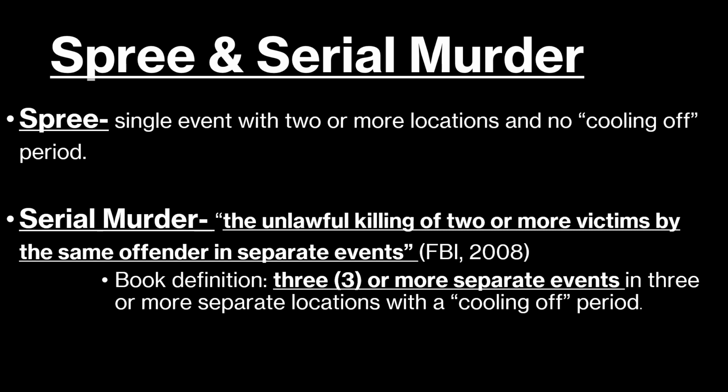Recently, after 2005, it got changed to two or more. But essentially, you have a certain component for serial murder. It's the same offender that kills in separate locations over a prolonged period of time. They have this cooling off period.